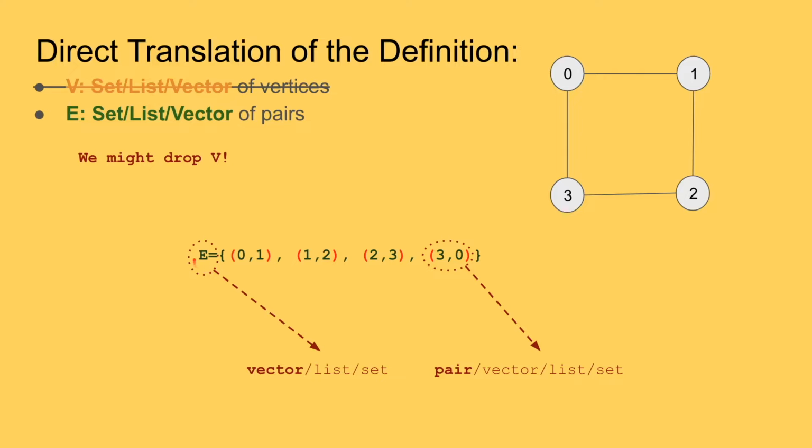You could say, okay, I go through E, I see one vertex to be 0, there's a 1, I've seen 1 before, so there's a vertex 2, and so forth. You can do this if you know that each vertex is connected to at least one edge. So you probably want to do this only when you're concerned about the size of the problem. Otherwise, it's more convenient to have both V and E together.